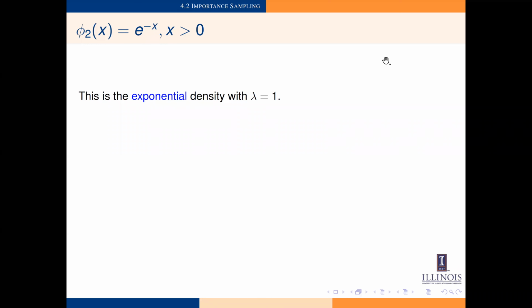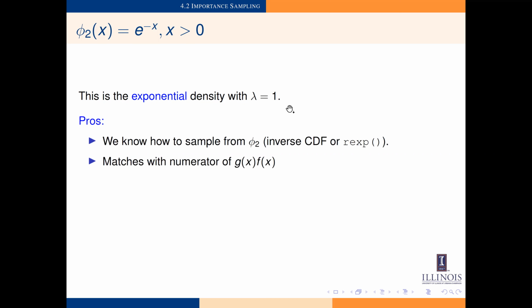Okay, so now let's take a look at our second choice of phi. So phi 2 of x is equal to e to the negative x, and x takes values greater than 0. This is essentially the exponential density with lambda equals 1. The advantage of this is that, first of all, like the uniform distribution, we know how to sample from phi 2.